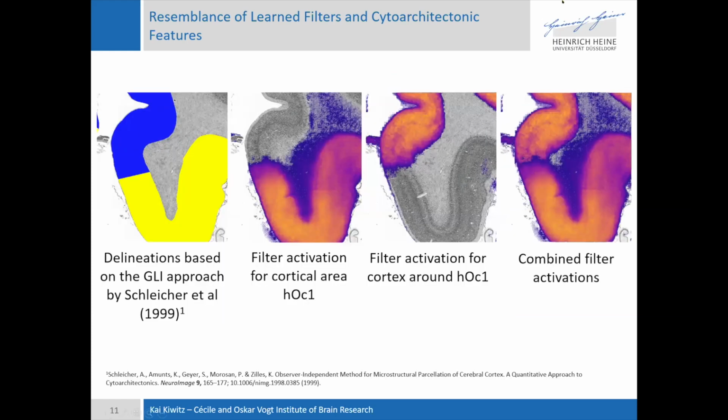We also find some opposing filters, which you can see right here. This filter shows activation for the cortex around hOc1, which is this part of the cortex right here. This filter shows an activation for the cortical area hOc1, which is the primary visual cortex, but no activation for the surrounding cortex.